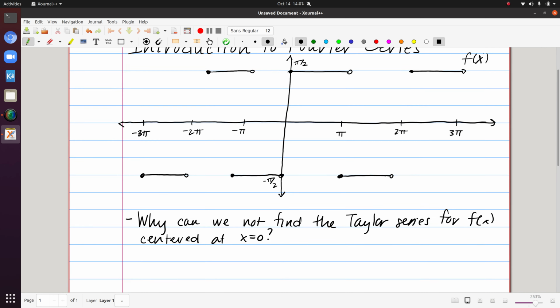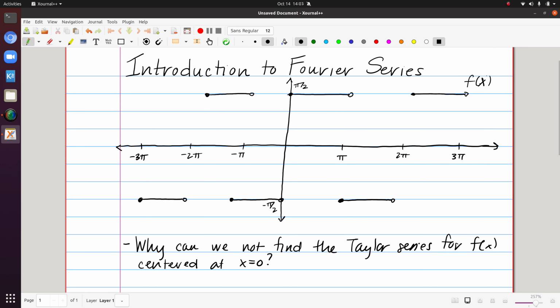So thinking about what we would need in order to do that, if I'm trying to find the Taylor series centered at 0, I need to be able to find infinitely many derivatives of the given function at the value 0. So we can certainly find f of 0. It appears that that is pi over 2. But as soon as I start to try to find even the first derivative of f at 0, that's not going to be possible, right?